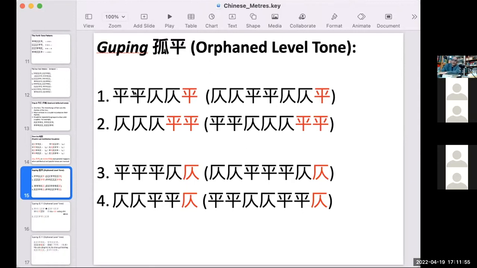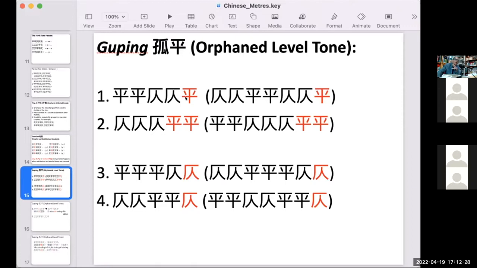What will happen is that we will have something called gu ping, because the 2 ping are separated by 2 or 3 ze. That means this is an error, or this is a defect. It's a shortcoming. It's something Chinese poets in the past didn't like, and they called it gu ping.